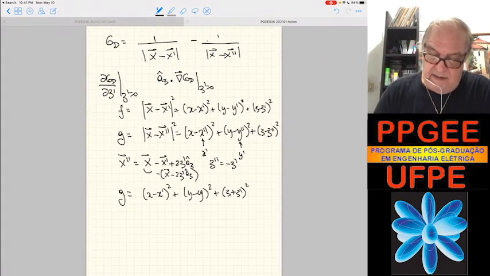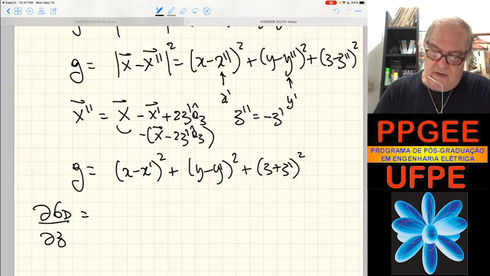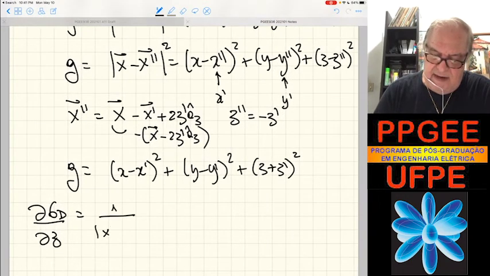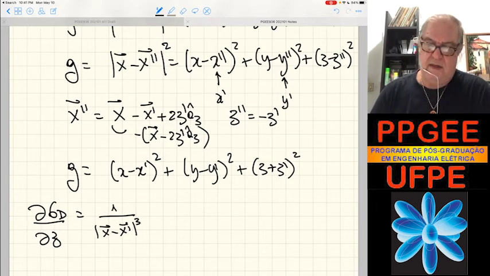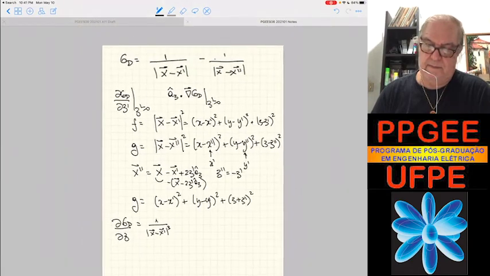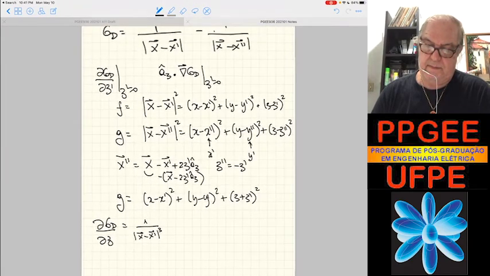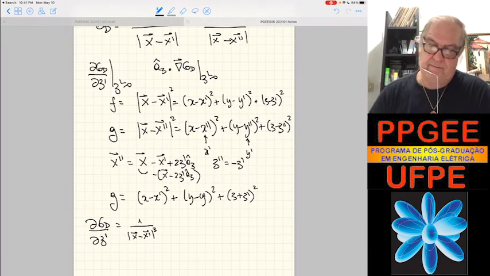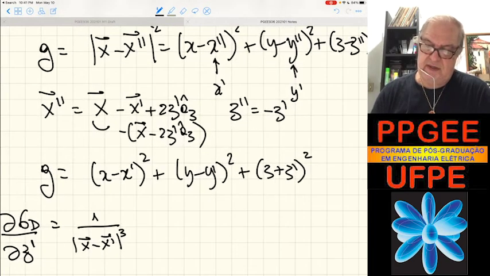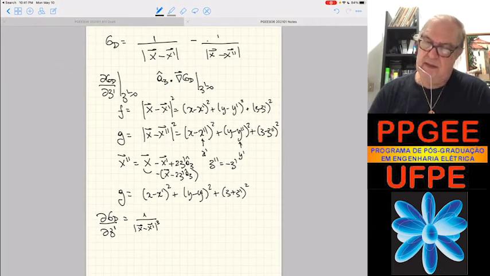Now that we have that, dG_D/dz prime equals 1 over |x minus x prime| cubed, the derivative relative to z prime. Let me do it the other way.